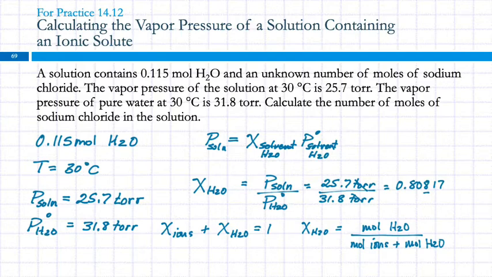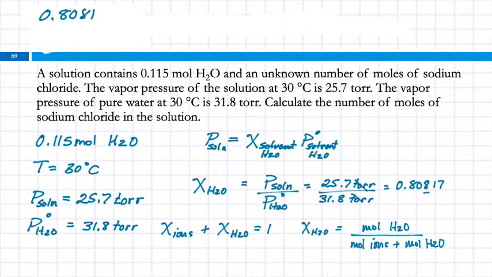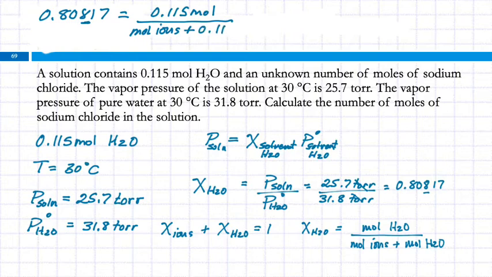We're going to need a little space, so I'm going to go up to the top. So this is one because we've got adding and dividing. It might be easier for you to put the numbers in first and then solve it. So the mole fraction of water is 0.80817, and that's equal to the moles of water, which was given to us, 0.115 moles, divided by moles of ions plus moles of water.